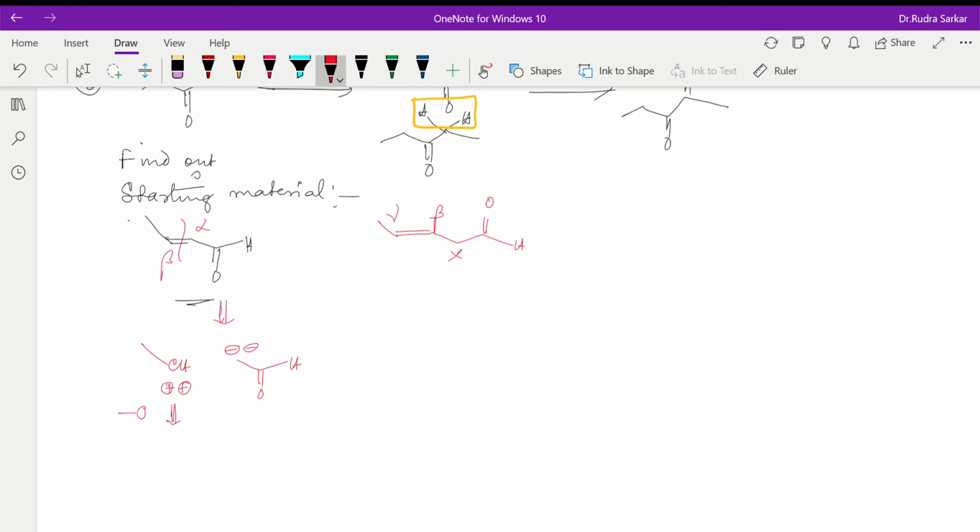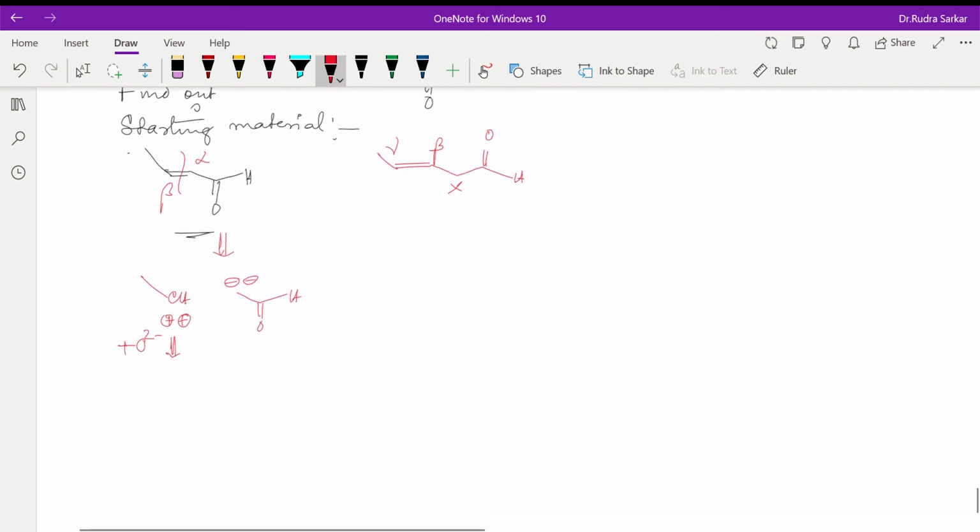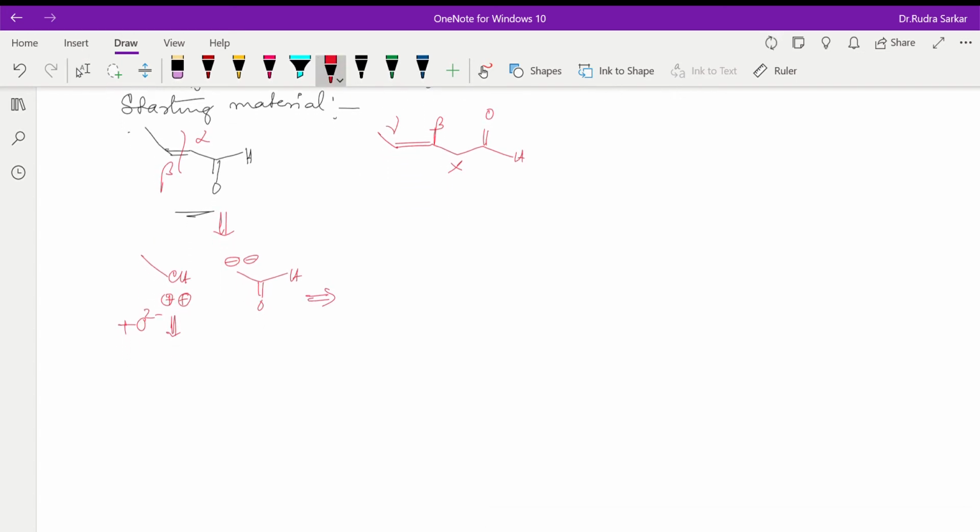In the beta carbon, you need to add O2 minus to neutralize. Here you need to add H2 plus. So that means your answer here should be this, and for this one it should be CH double bond O. That is how it should be.